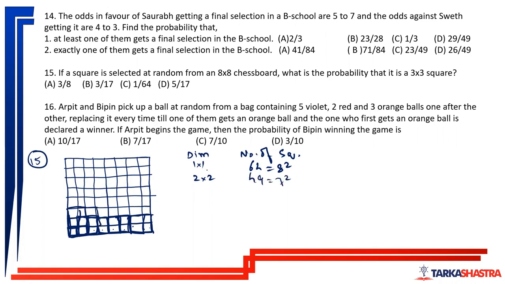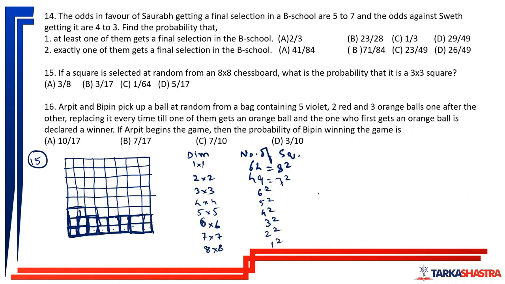Now I've got the logic, है ना? 3 cross 3 dimension के 6 squares रह गए, 4 cross 4 dimension के 5 squares रह गए, 5 cross 5 dimension के 4 squares रह गए, 6 cross 6 dimension के 3 squares रह गए, 7 cross 7 dimension will have 2 squares, and 8 cross 8 dimension will have 1 square, that is 1.